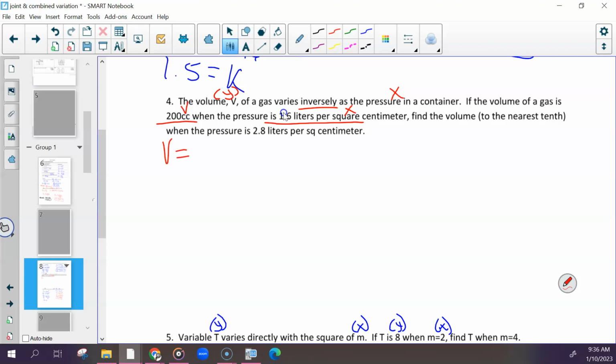V equals K over P, because it's inversely. Use the numbers you have to find K by either putting it in here and solving for K or just multiplying. Multiply that, tell me what you get.